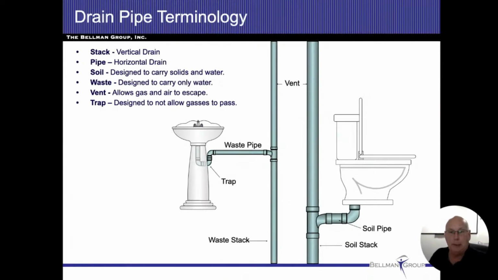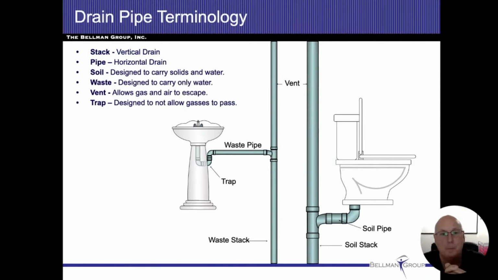Some other terminology, I'm going to ask that you take a few moments and write some of this stuff down. Anything that goes up and down is called a stack. Anything that goes horizontal, we're going to refer to as a pipe. Depending on what flows through that stack or pipe gives it a few other names.